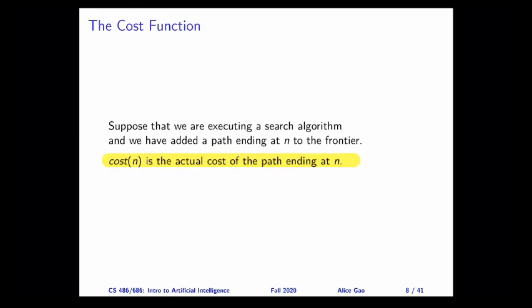This is an evaluation of our past. This tells us how long are the paths that we have already found. The cost value is an accurate number as we have already found the path and have all the information we need to calculate the cost accurately.